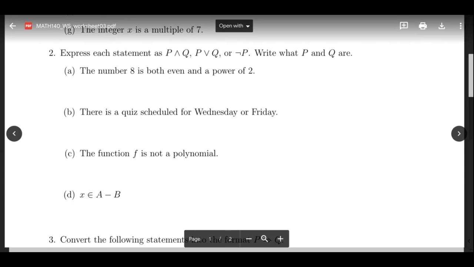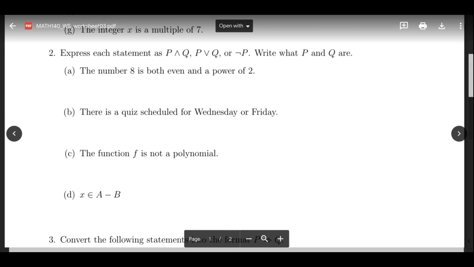I probably see your name wrong. You have to teach me how to pronounce your name right. So what is it? We're at C. C, the function f is not a polynomial.